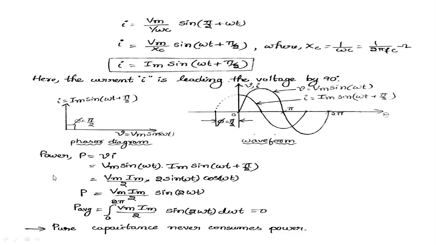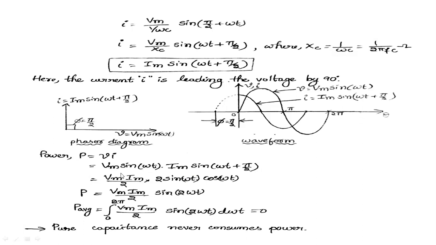After the waveform, I need to write the power. Power equals the instantaneous voltage multiplied with the instantaneous current. V equals Vm sin omega t and I equals Im sin omega t plus pi by 2.